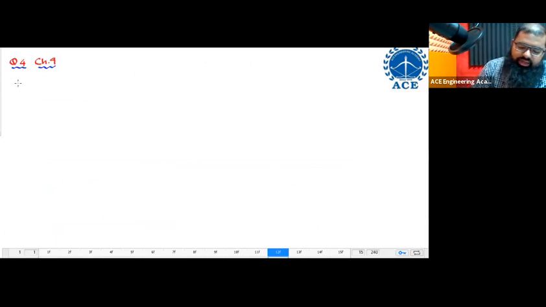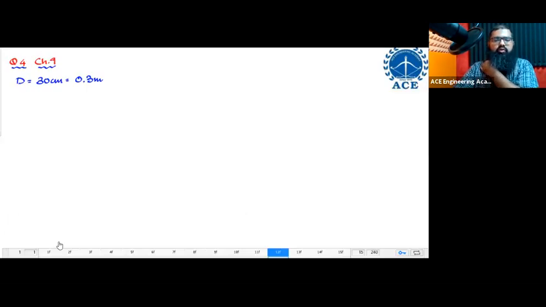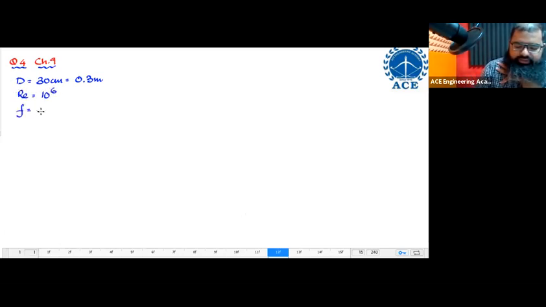The question says the diameter of a pipe is 30 centimeter, let us say 0.3 meters. Reynolds number is 10 power 6, friction factor 0.025. All these things are given.